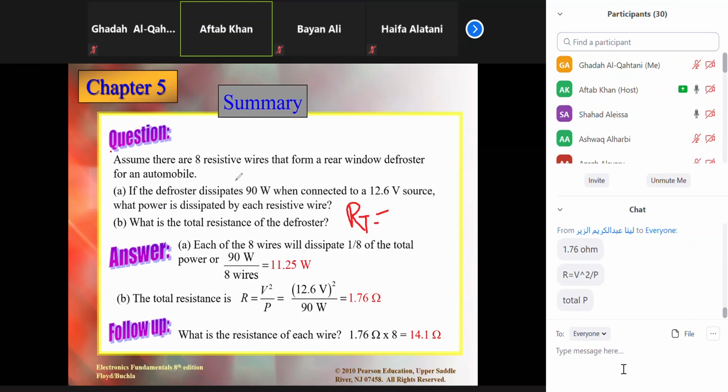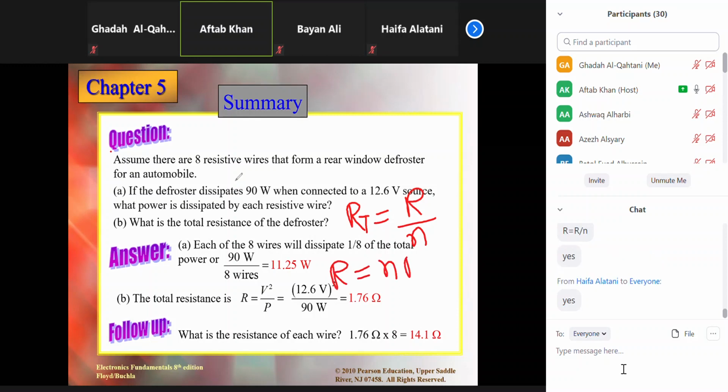RT is equal to R over N. Remember this formula? Yes. So here we can say R is equal to N times RT, yani 8 multiplied by 1.76, which is 14.1 ohm. Correct? This is the way.